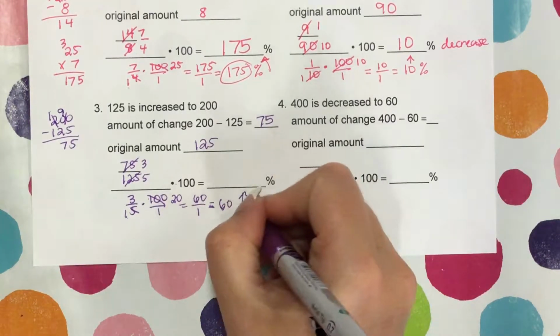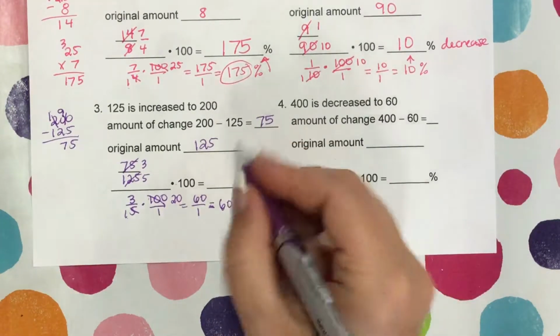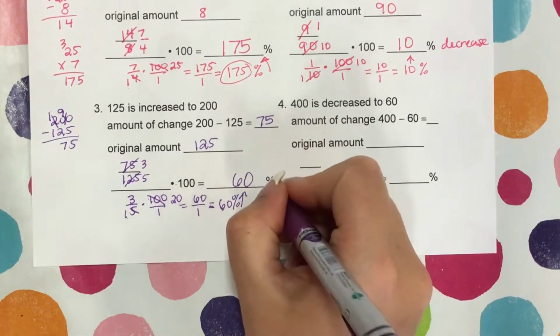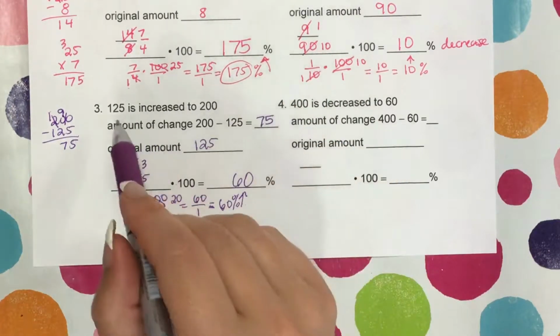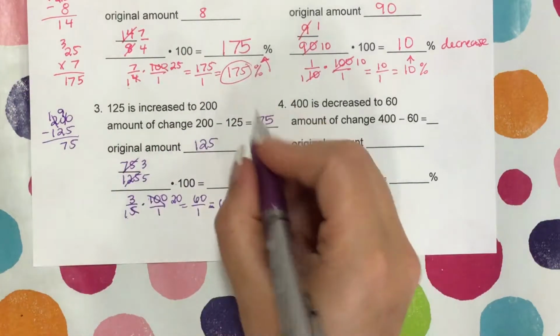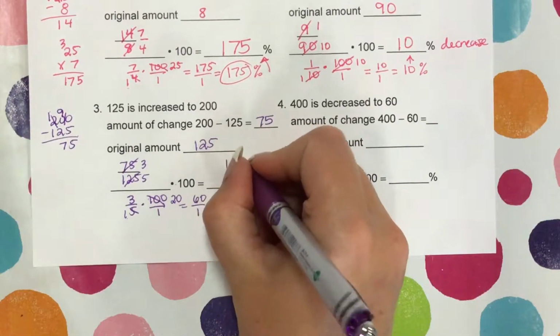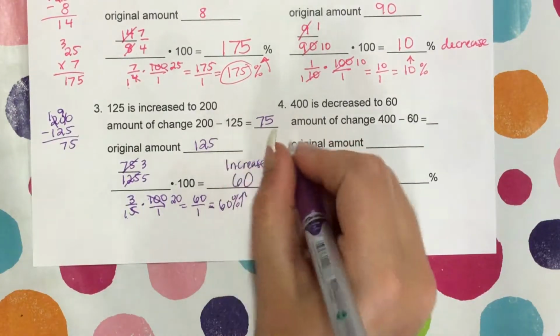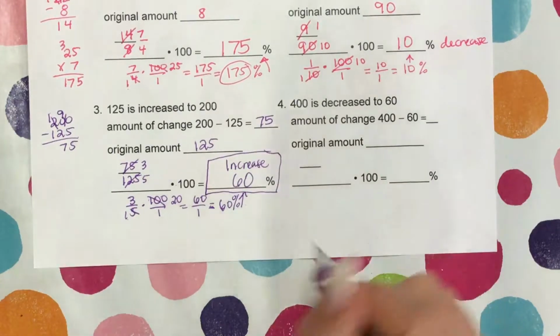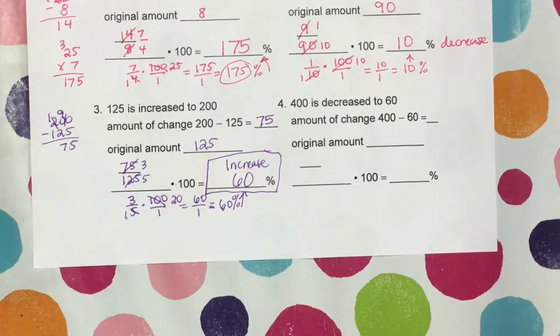And that means we just put a percentage on the end because that's the formula. So it's going to be 60%. And is this an increase or a decrease? Well, we started with 125 and it's getting bigger, so this is a 60% increase. So if you got that right, awesome job. Let's move on to problem number 4.